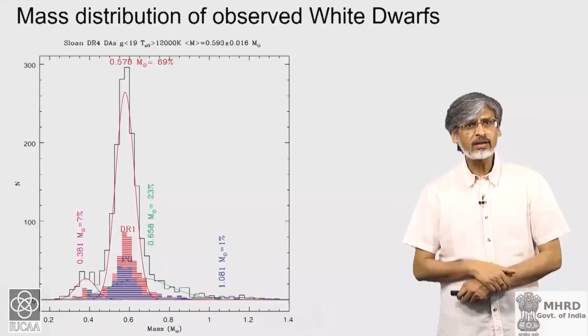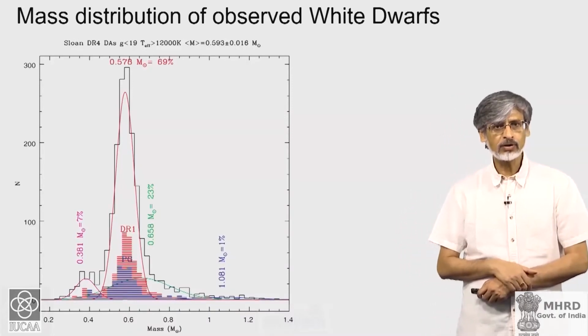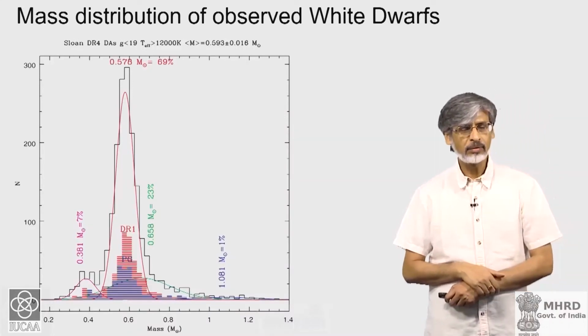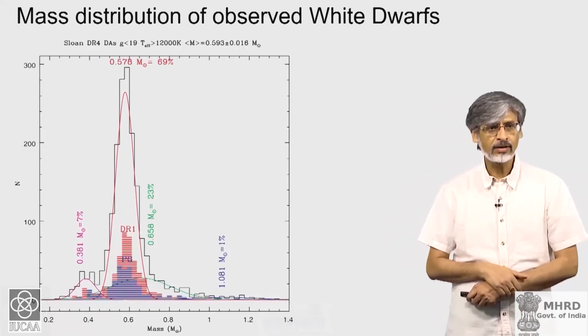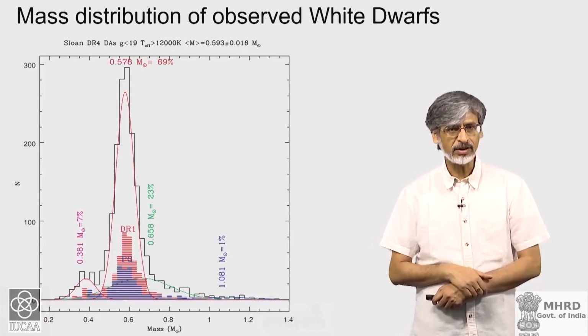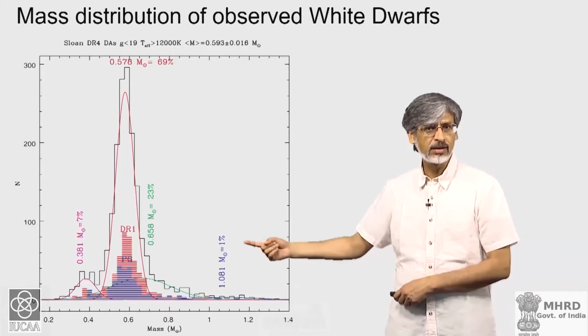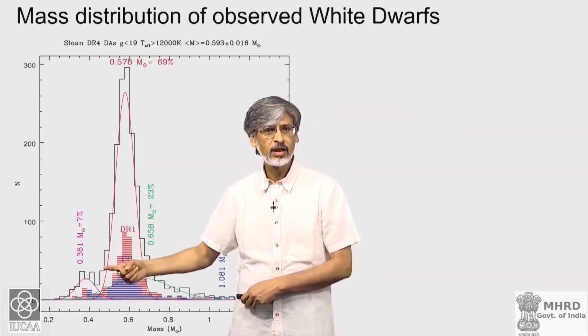If we now look at the distribution of masses of the observed white dwarfs, there are many observatories now which have been observing white dwarfs for a very long time and taking a census of their masses whenever those masses can be measured. And this is one of the recent compilations.